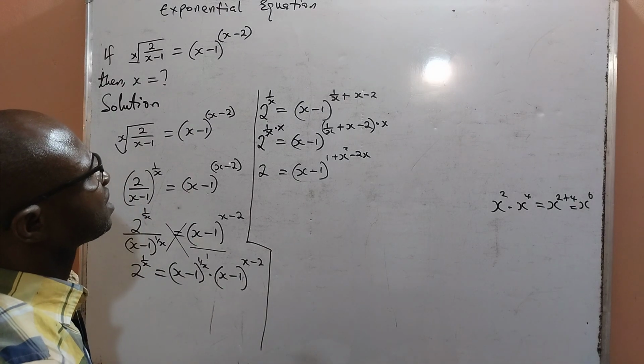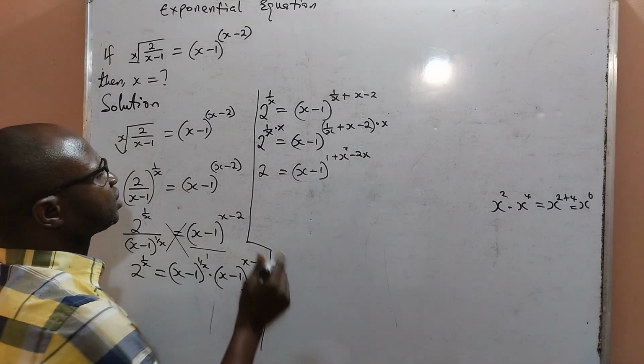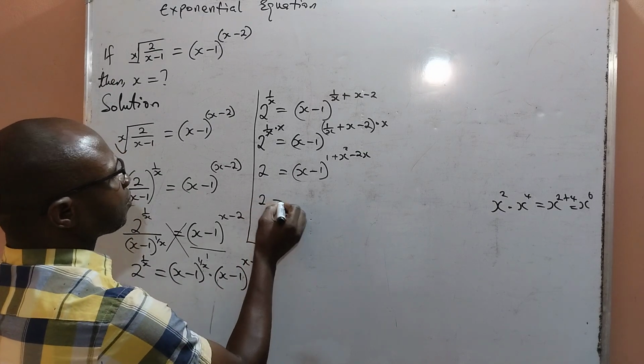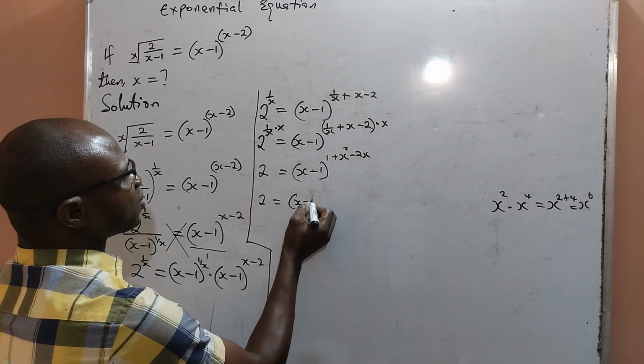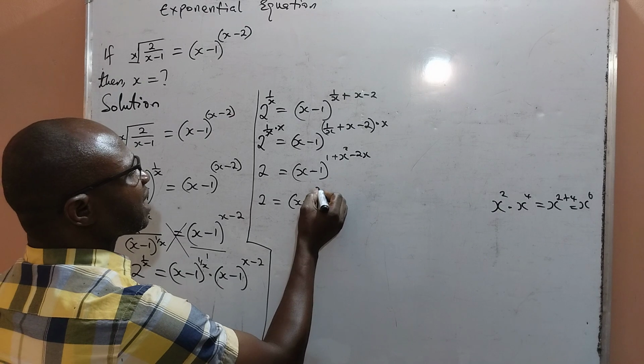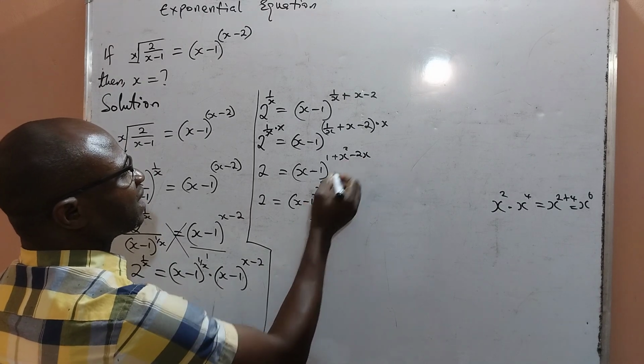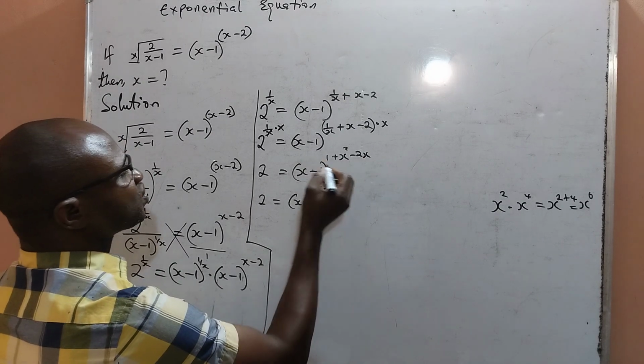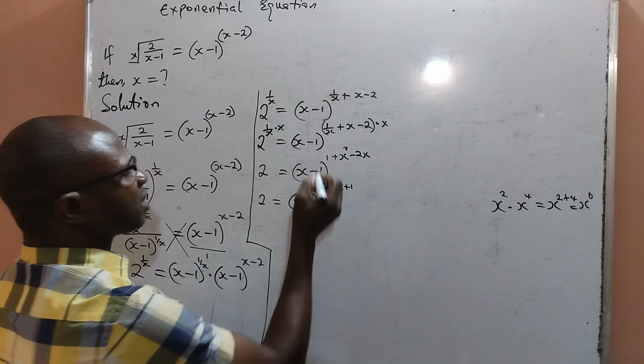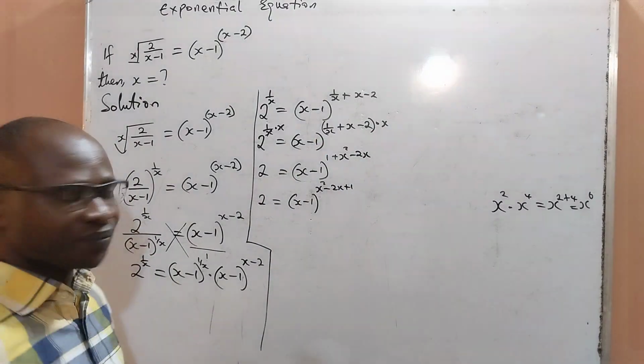Looking at this, I can rearrange it to be the same as 2 equal to x minus 1 raised to the power x squared minus 2x plus 1. I can rearrange it like this. It's the same.